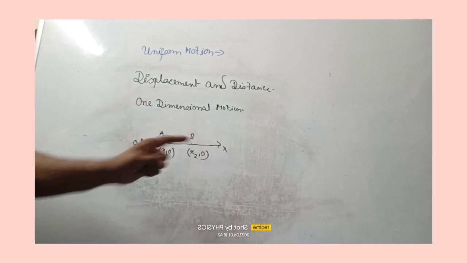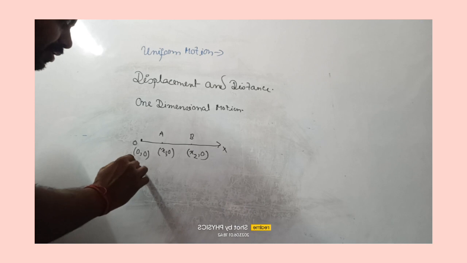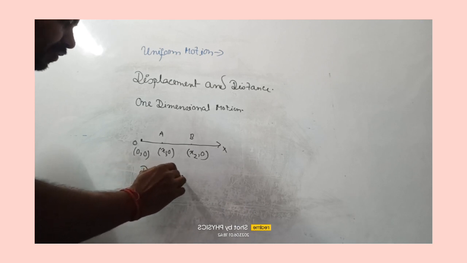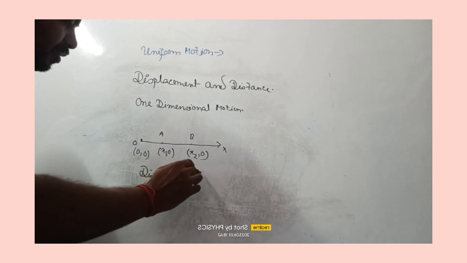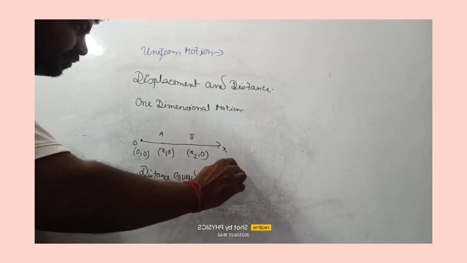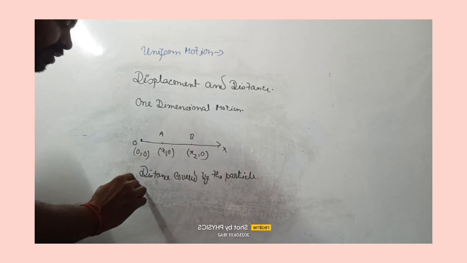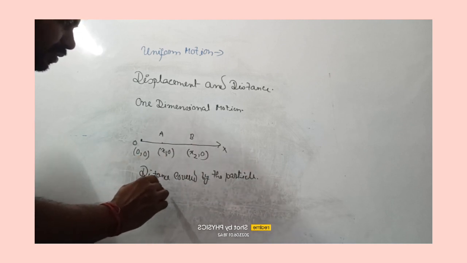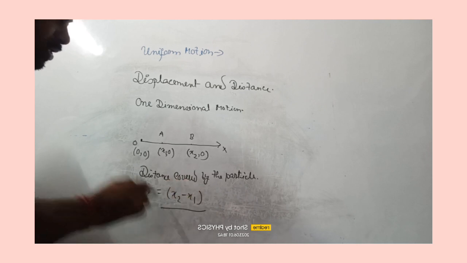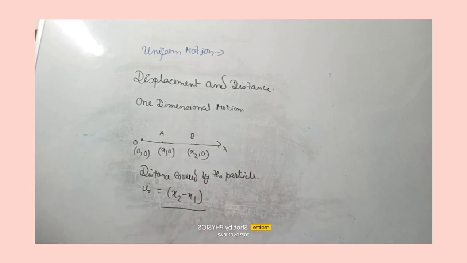Now the distance covered by the particle is x2 minus x1. This is the distance because it has only magnitude.